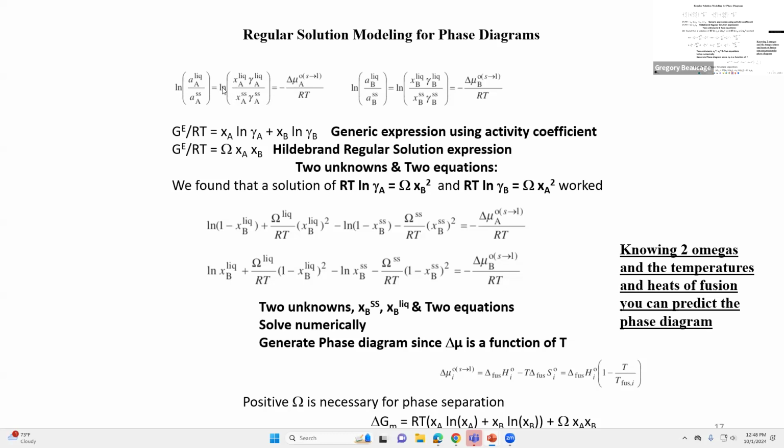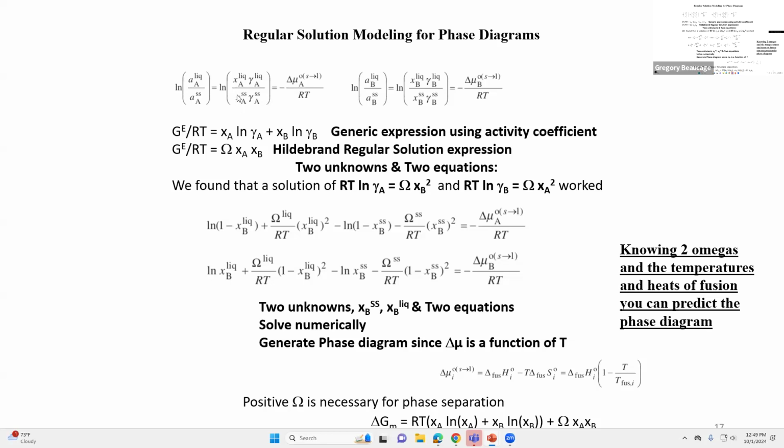And then when you add activity, you have ln of the activity coefficient. You can change ln of the activity coefficient to just the Hildebrand parameter, if you know the XA and XB terms. So basically, you don't need to worry about two parameters, just one parameter.